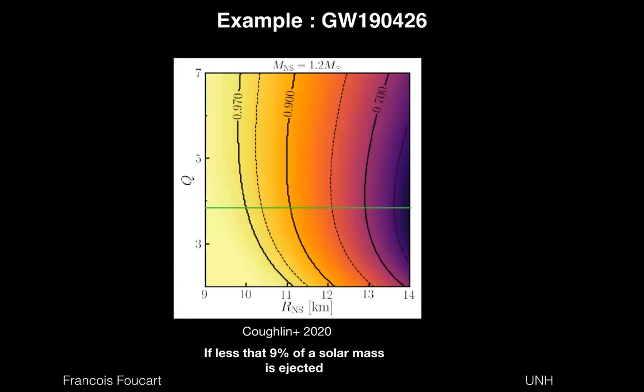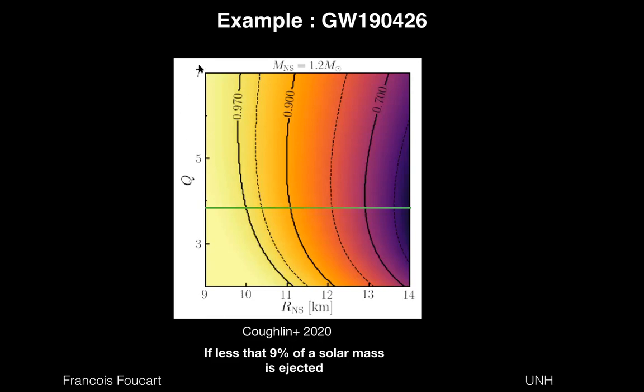Unfortunately, that's not where we are at the moment, because so far LIGO and Virgo have not, with any certainty, detected a black hole neutron star merger. And even the events that might be black hole neutron star mergers have not had any electromagnetic counterpart.